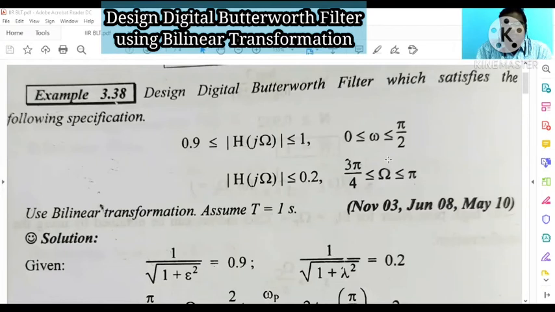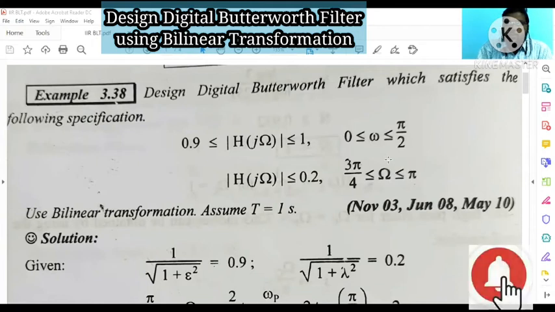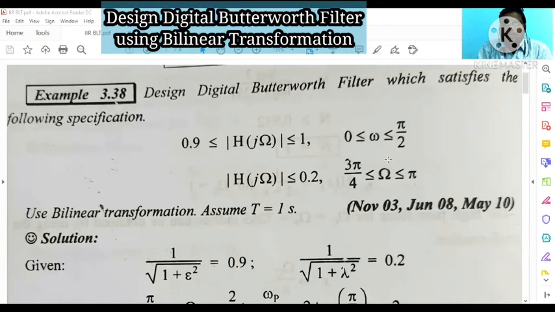In the previous lecture video, we had discussed how to design a digital Butterworth filter by using impulse invariance transformation. Now, here we are using bilinear transformation. I'll give you one example problem.